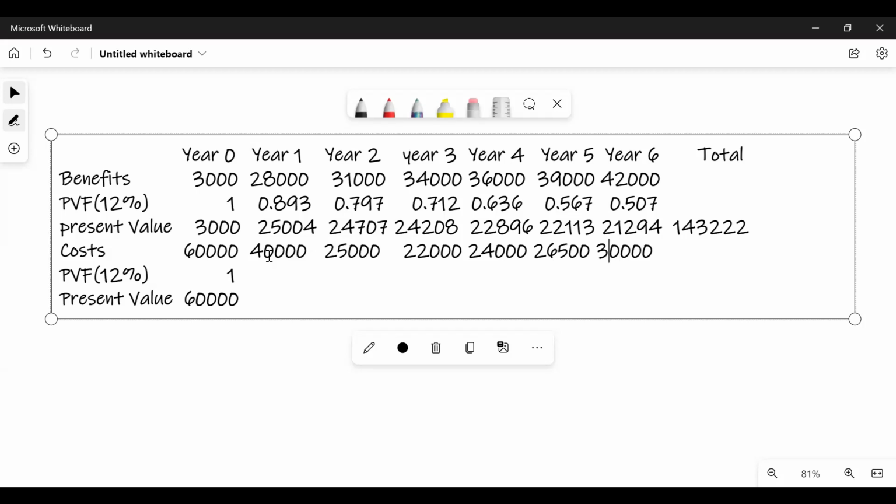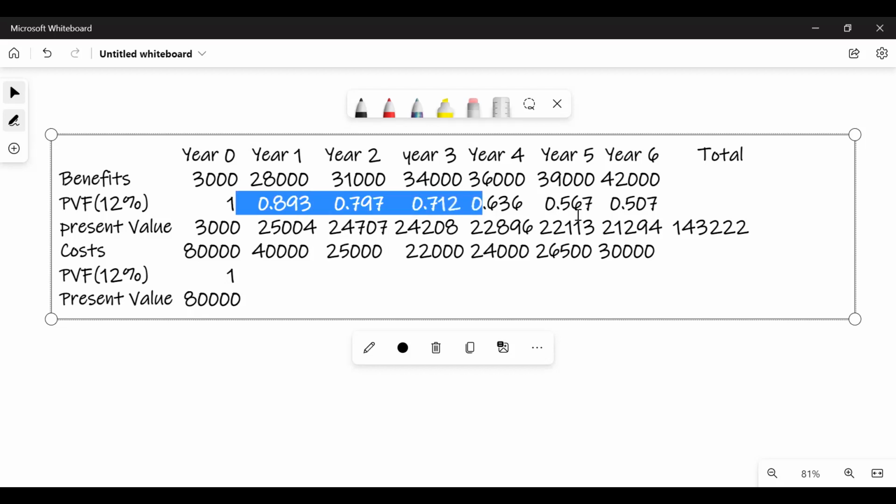Yes. So the first one should be 80,000. Yes, correct. All the other values are okay, right? Then the same values as the previous apply here, so I can copy paste this one.